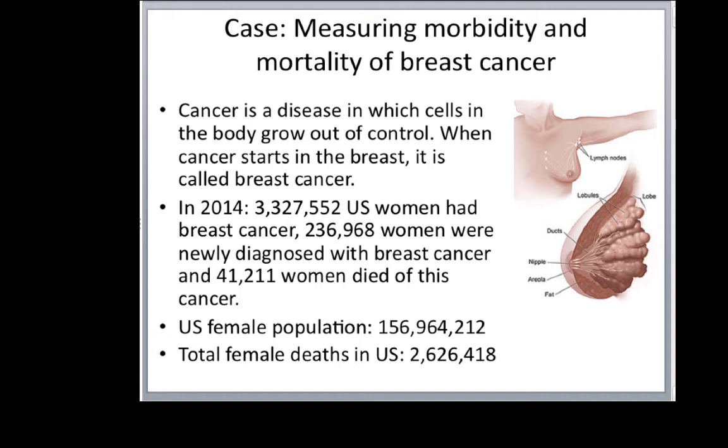So if it's truly all the people who have breast cancer, it really should be the prevalence. I'm sorry, I don't mean prevalence, I mean the total number of people with breast cancer.